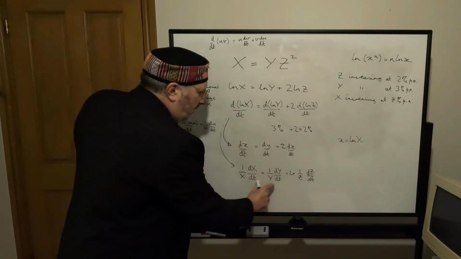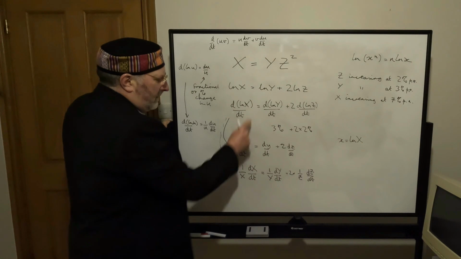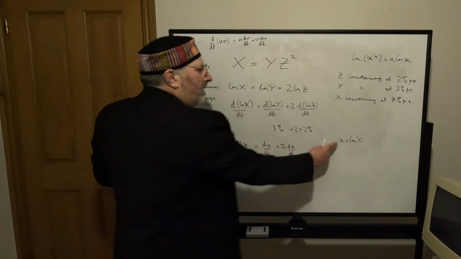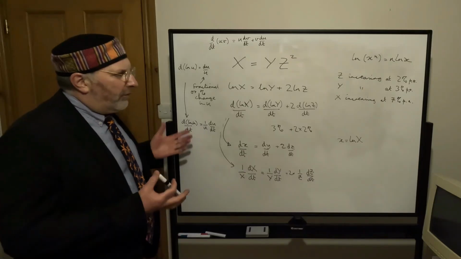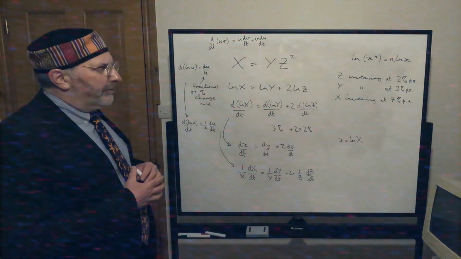So it's just putting 1 over the variable in front of the dy by dt. So that and that are all kind of equivalent ways of writing the same thing, where we assume that we use the lowercase to represent the logarithm. So, as I say, that's a useful trick that we will be drawing on later in the course.